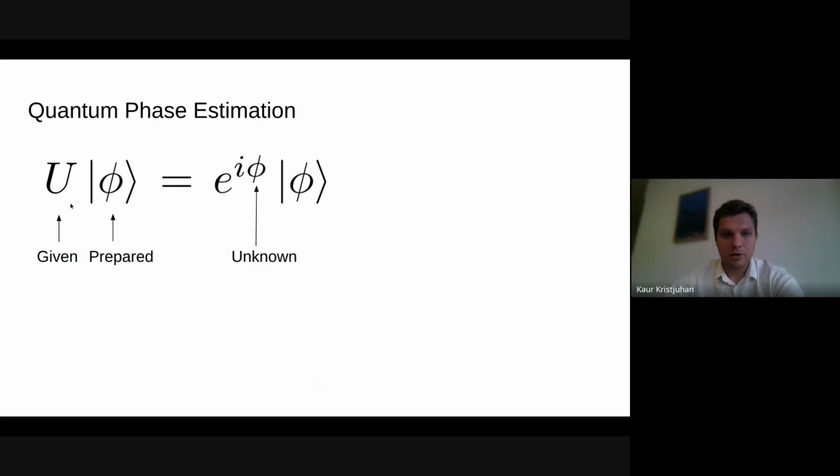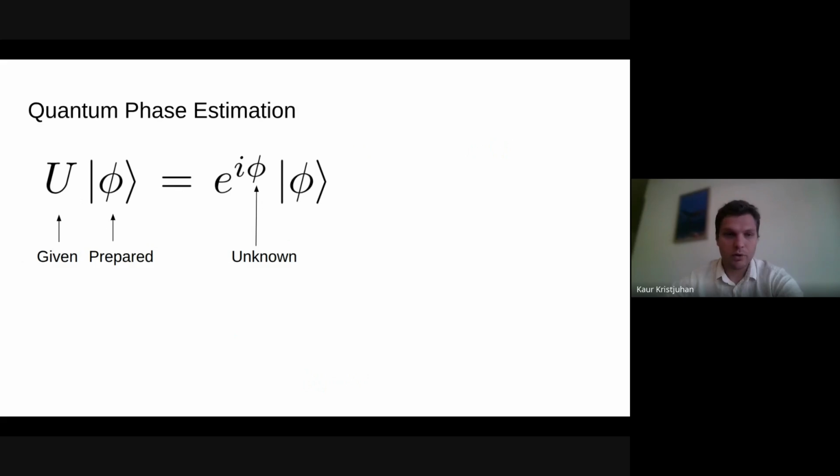And then we have a unitary operator U, which we know what it is. It's not the Hamiltonian, because the Hamiltonian isn't unitary, but it's going to be a unitary which encodes the Hamiltonian. So it's going to share the same eigenstates, and the eigenvalues of this operator are going to be related to the eigenvalues of the Hamiltonian.